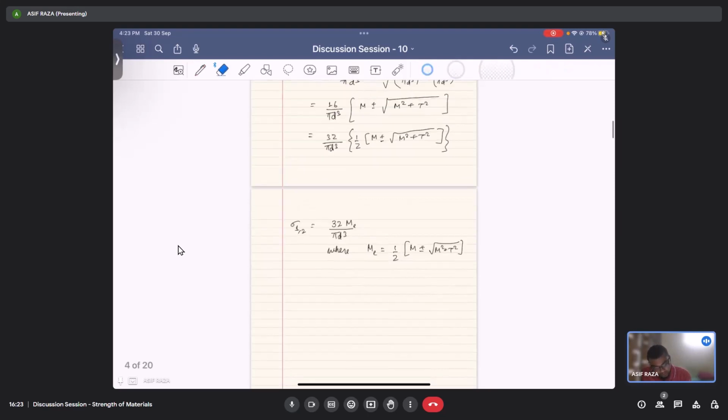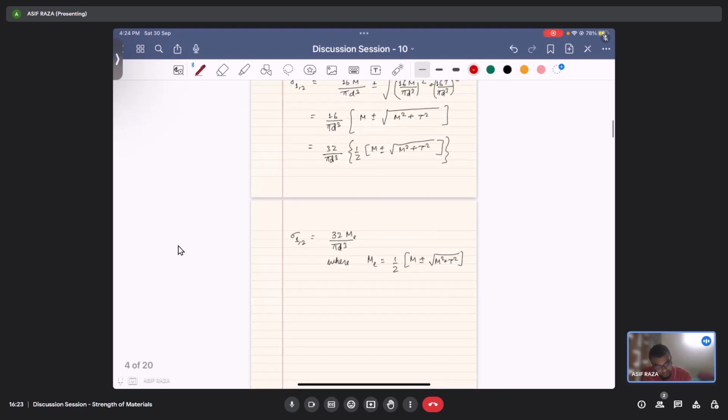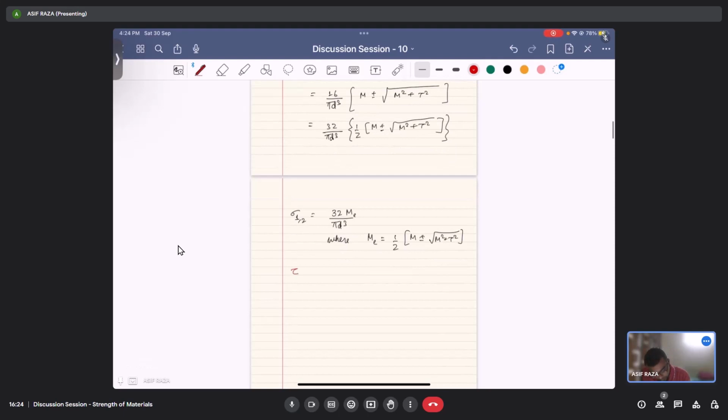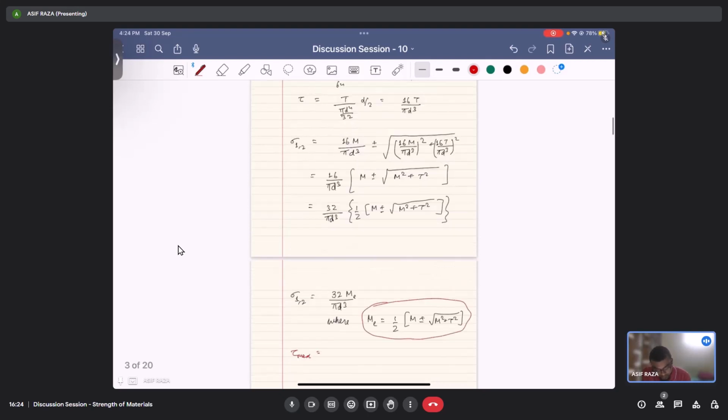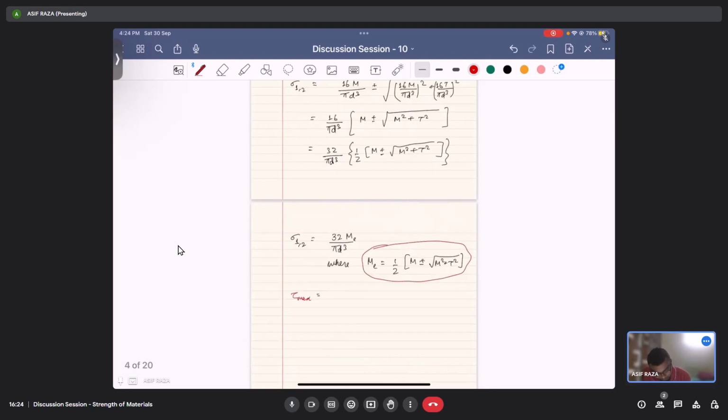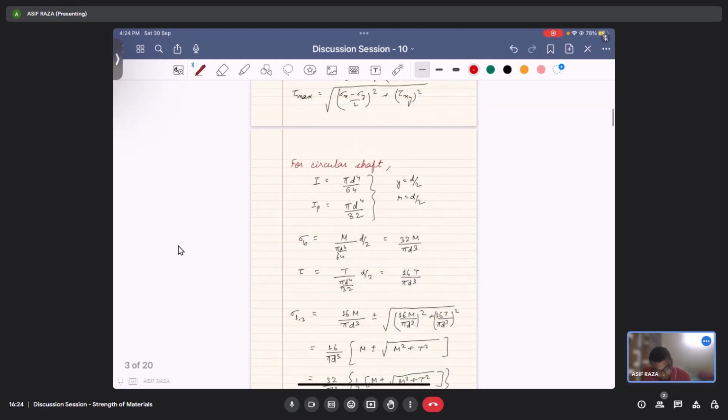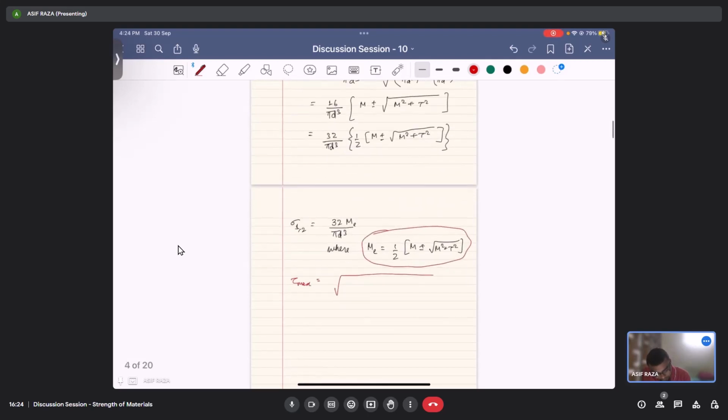Similarly, we can find tau max, and that would be the square root of 16 M by pi d cube whole square plus 16 T by pi d cube whole square.